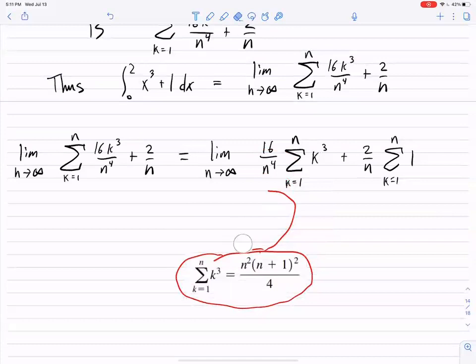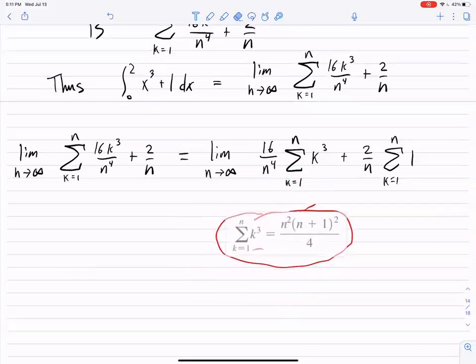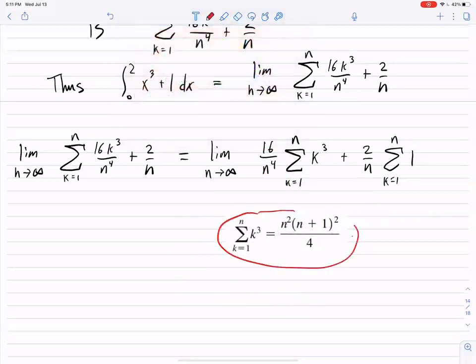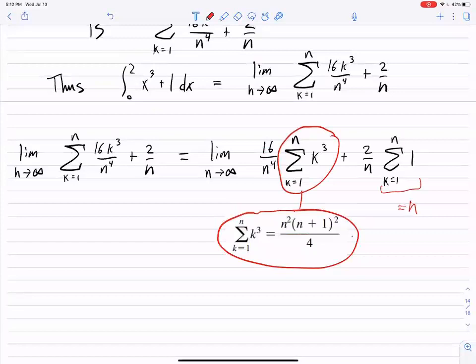I'm going to plug that in for the whole thing, not just for k, but for the sum. So that's going to get plugged in for that. And then this one is just equal to n. And so what's this going to equal?